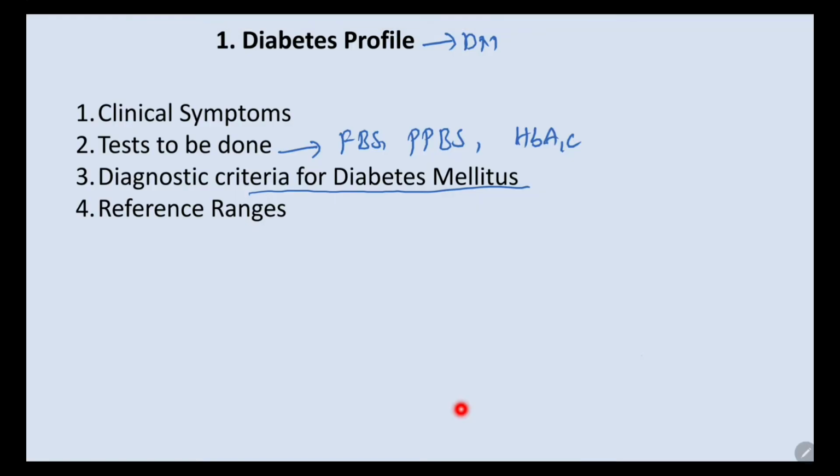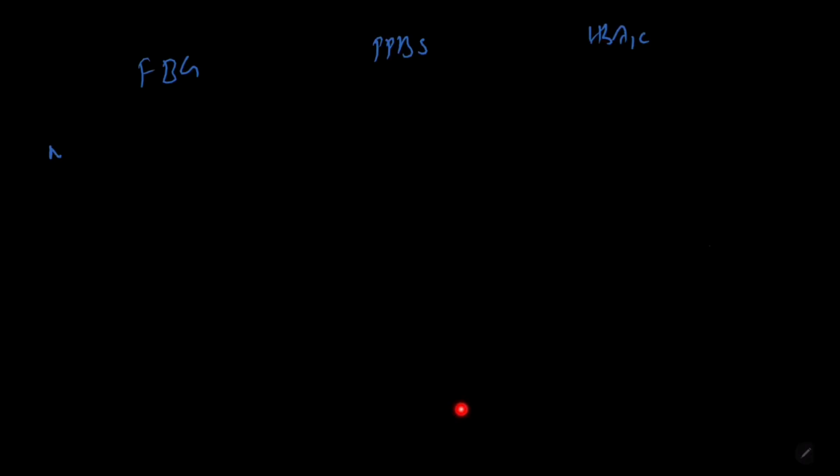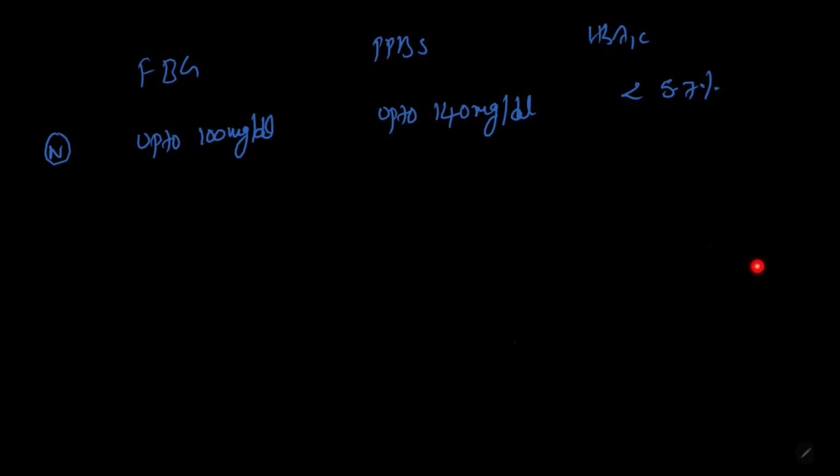Now what we have is reference ranges. In normal people, as I told, fasting is up to 100 mg per dl, PPBS value will be up to 140 mg per dl, whereas HbA1c is less than 5.7%.